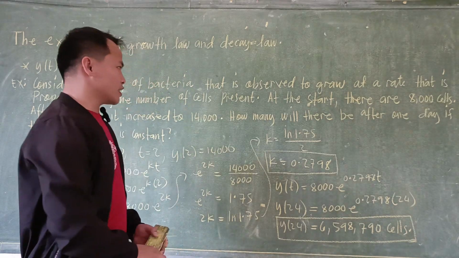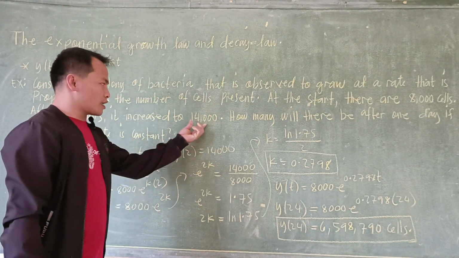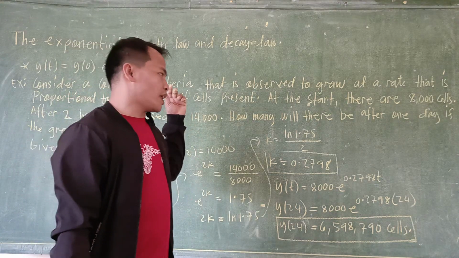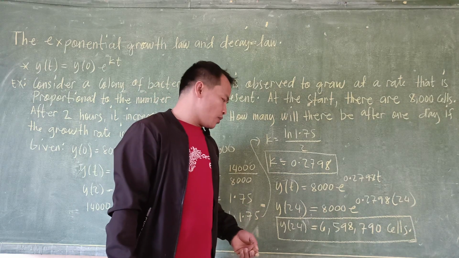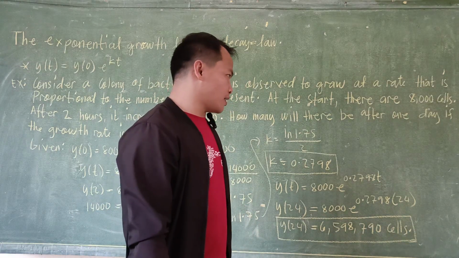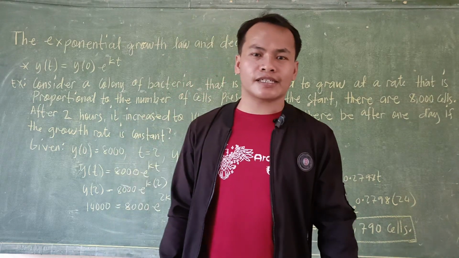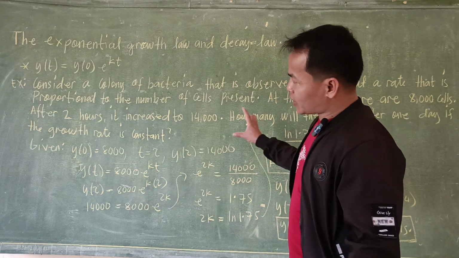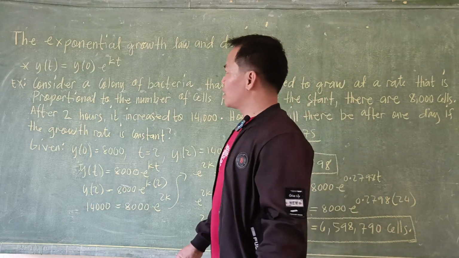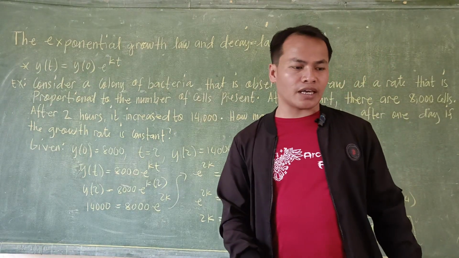At the start, there were 8,000, then after 2 hours it increased to 14,000, then after 1 day or 24 hours it increased to 6,598,790 cells. So I hope that you are able to understand this concept about the exponential growth law and the exponential decay law.